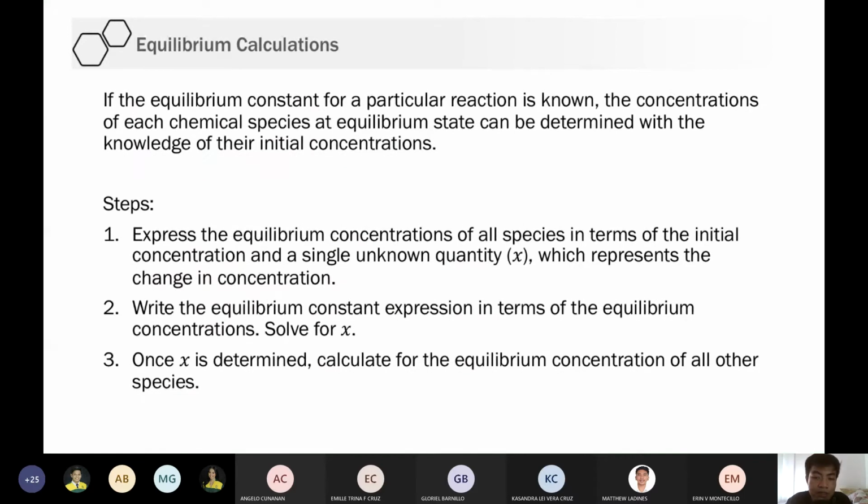In order to answer problems like that, wherein the initial concentration is given and we look for the equilibrium concentration, we have to make use of the ICE table. Some references call it the RICE table. They are just the same.